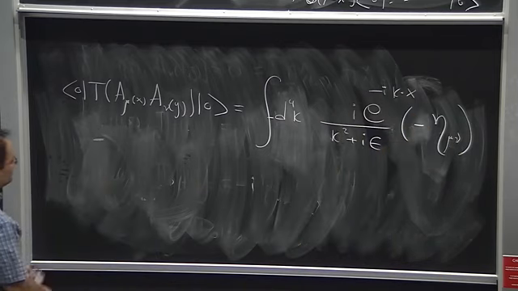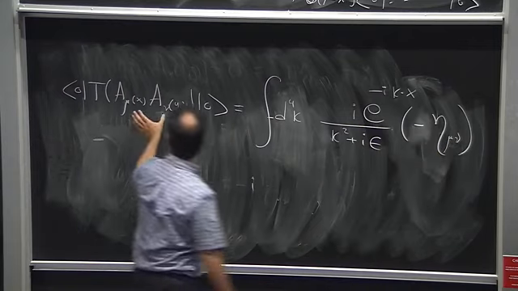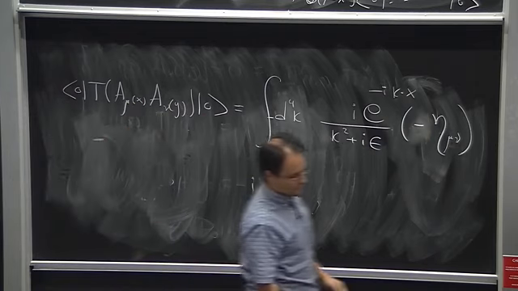So this is the only modification that tells us when the two objects can actually produce a state and annihilate the state, and so on.